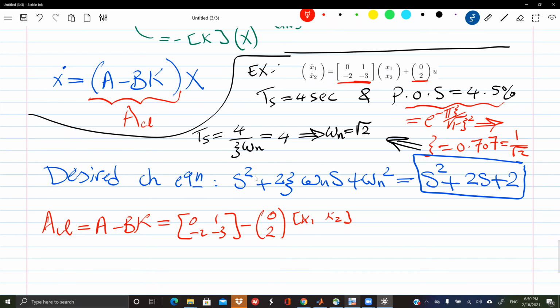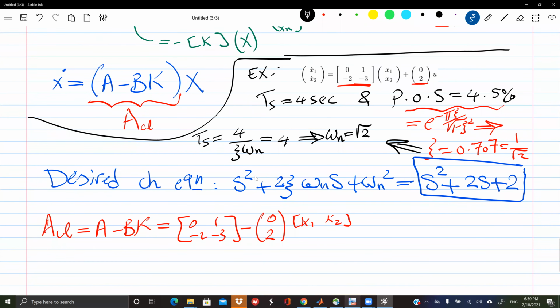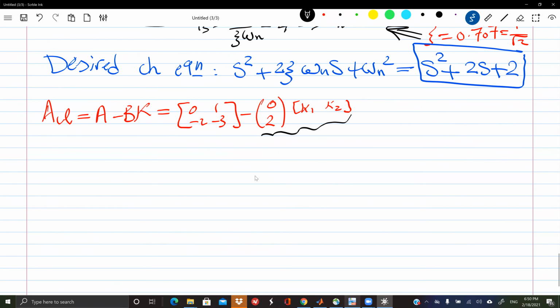And please, please, please do this on a slow pace because it's so trivial that people always get confused and do it wrong. Because it's a column by a row, so the end result is actually a 2 by 2 matrix. 0 times K1 is 0, 0 times K2 is 0, 2 times K1 is 2K1, 2K2.